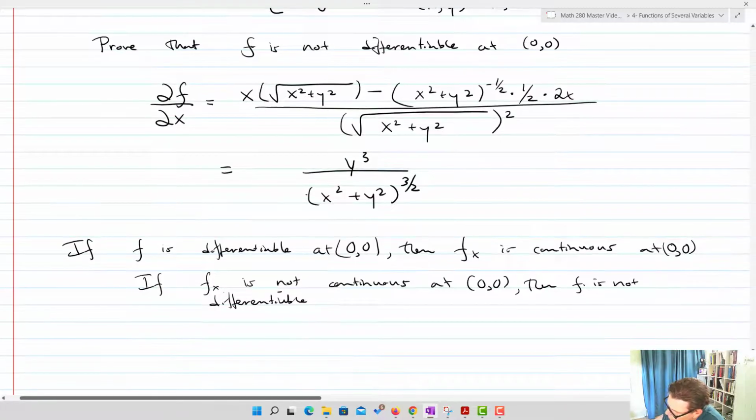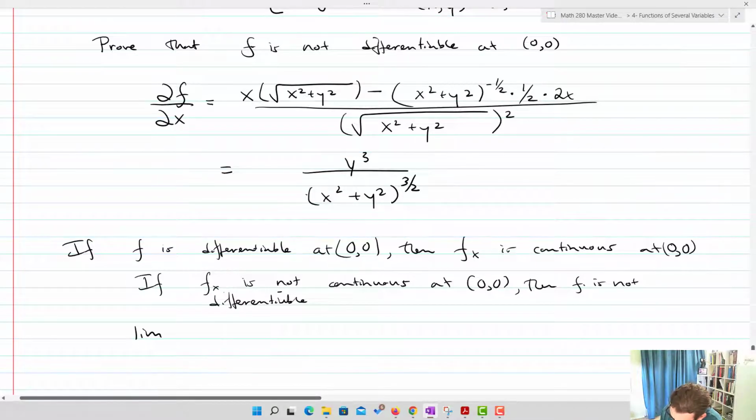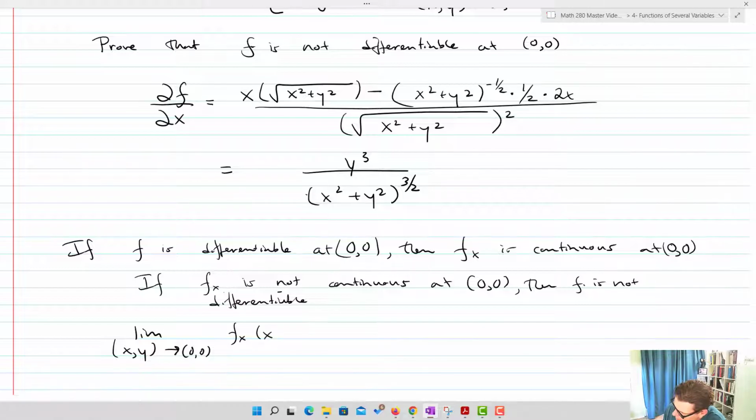So what we already know is that fx at (0,0), we're actually given a value there. We want to find the limit as (x,y) approaches (0,0) of fx at (x,y). The reason we want to do this is because this is the condition for continuity.